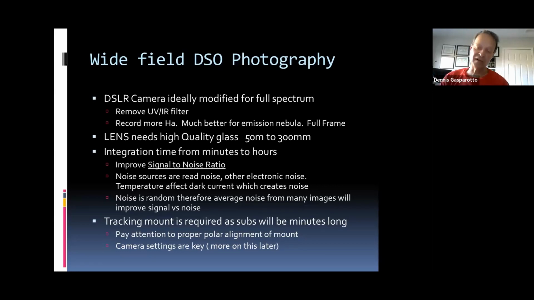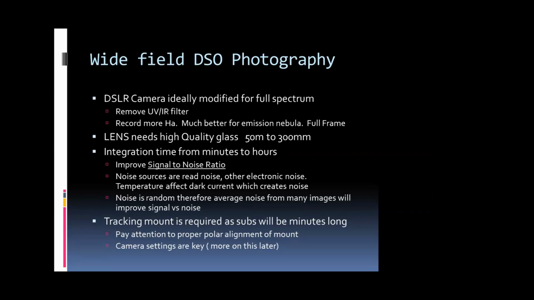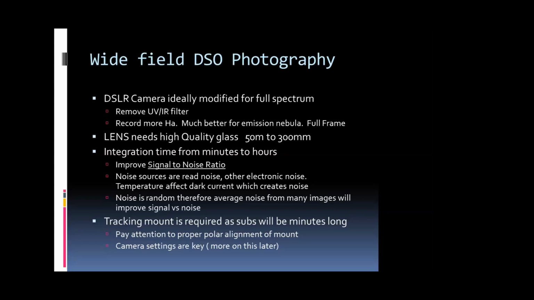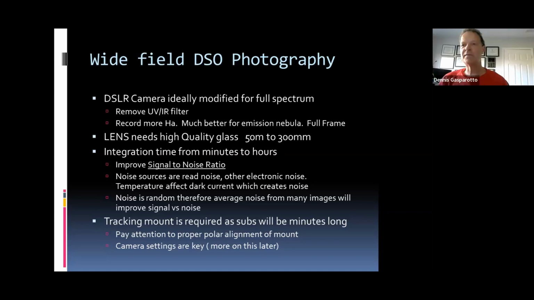You can still do it without one, but you'll get better results with a modified camera. What that means is they remove the IR cut filter and allow the full spectrum of light to record on the sensor. Was there a question? So it becomes much more sensitive to emission nebulae.